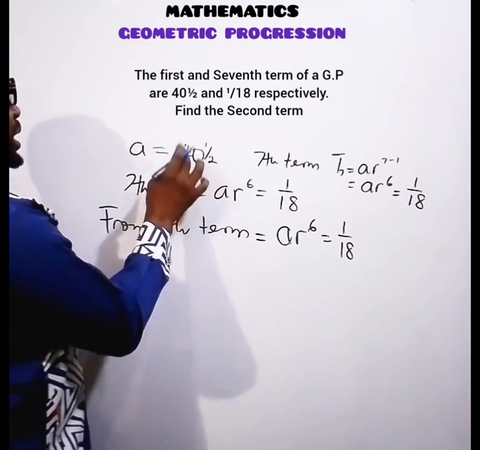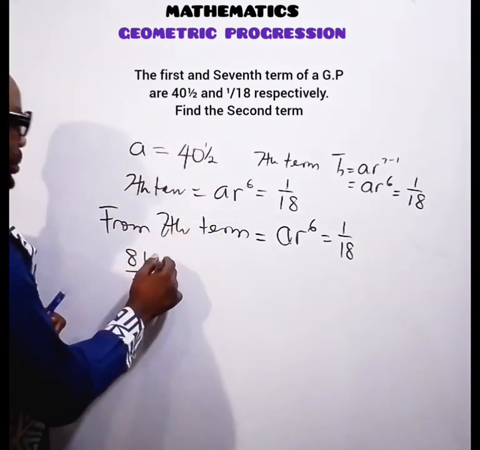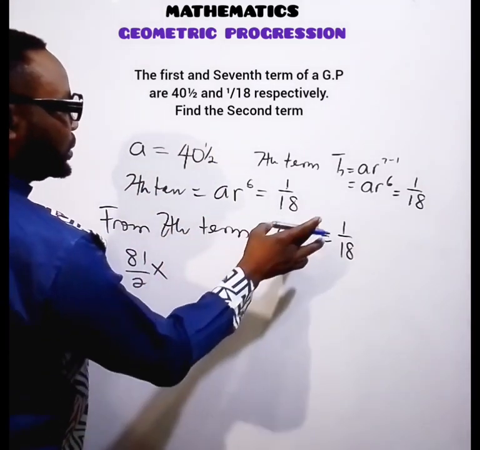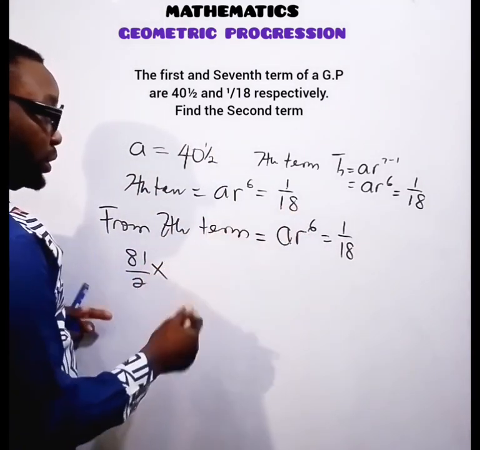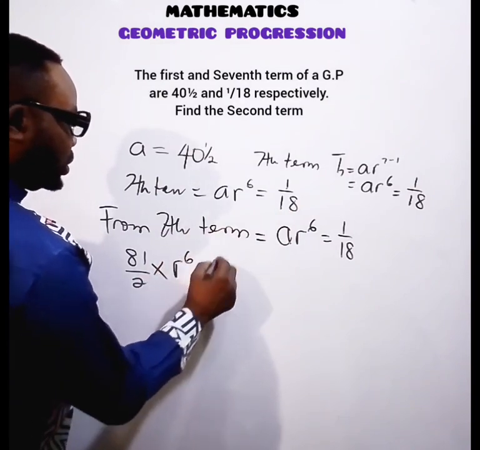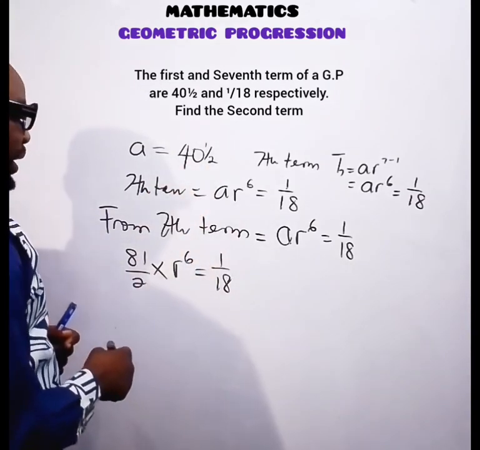That is going to be 81 over 2 multiplied by r raised to the power 6, which is equal to 1 over 18. We do not have the value of r.